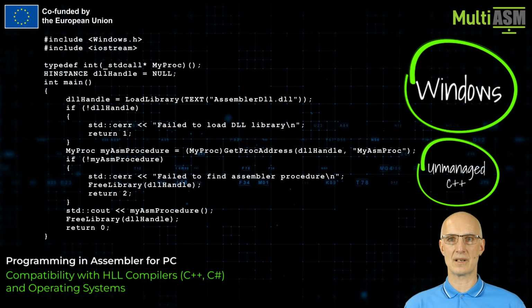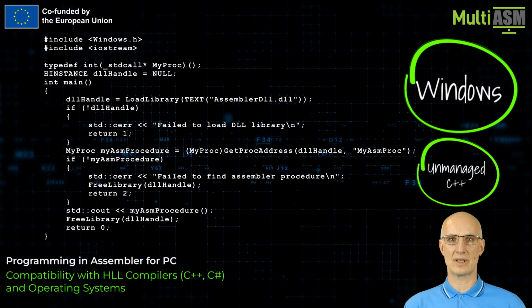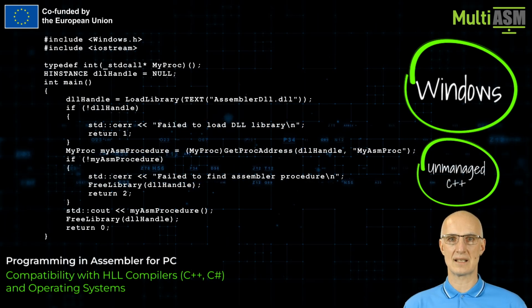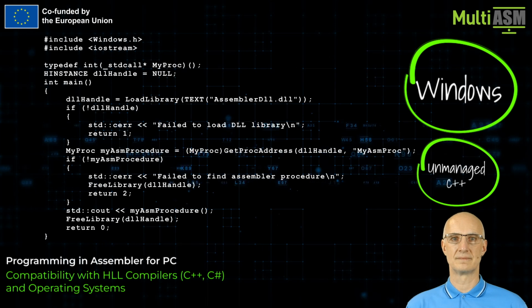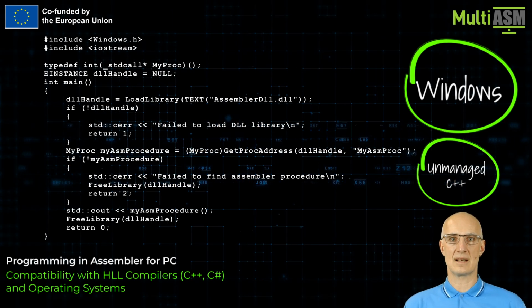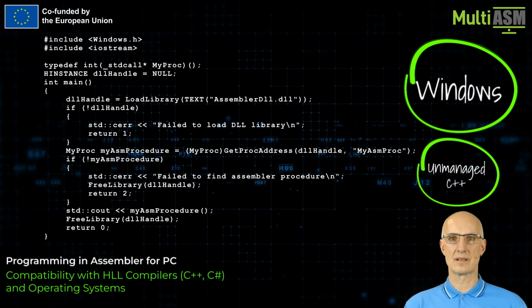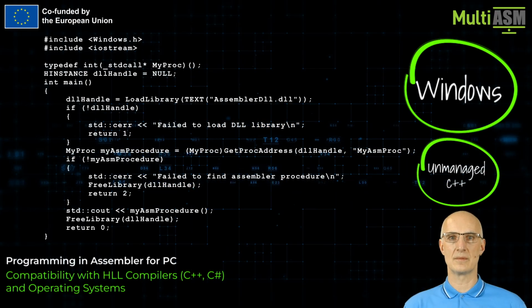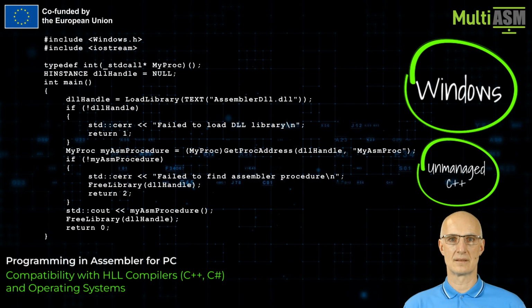The assembler library is then loaded into the memory, and any assembler function type is defined in this example via typecasting. Here we present sample code that dynamically loads the assembler dll.dll library using the operating system level load library method.